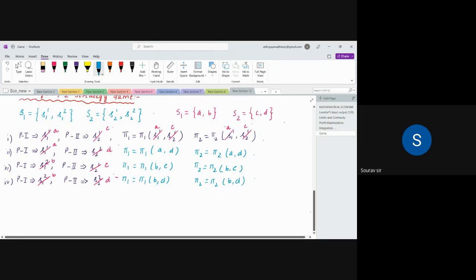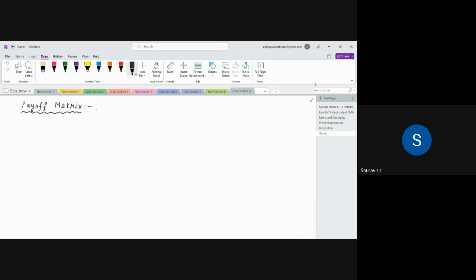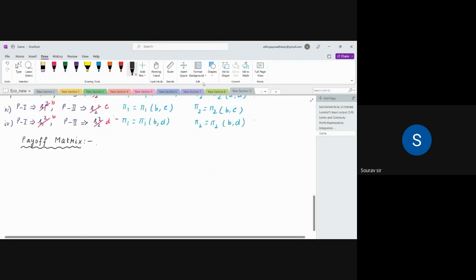Now this entire structure we will be writing in the form of a payoff matrix. Let me show you how we write it, and then we go into an example.